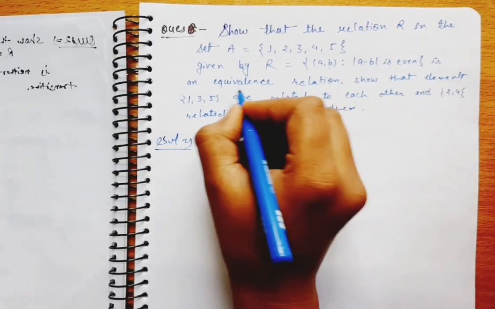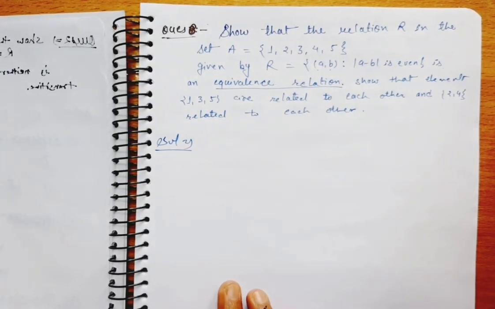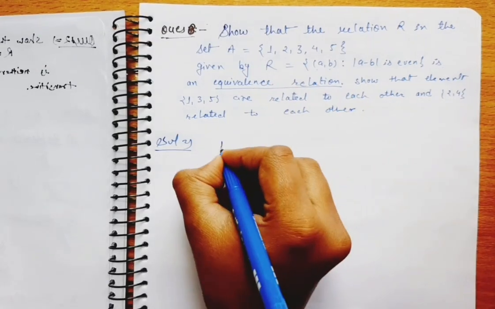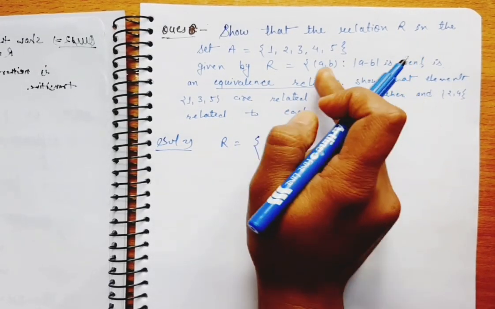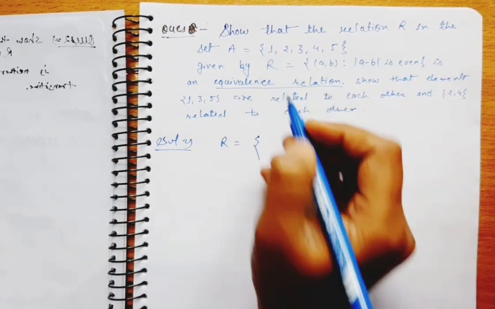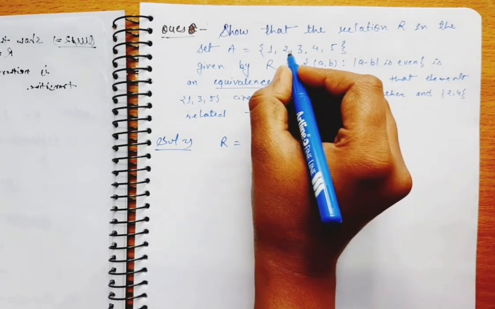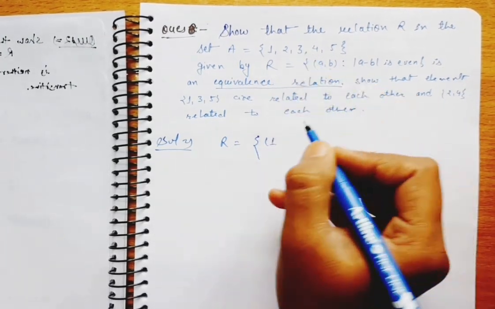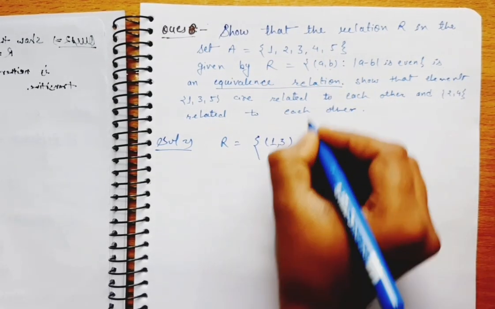Now first of all we will show that this is an equivalence relation, then we will check the second part of this question. Firstly we have to make the relation. According to this, we have to take A and B such that A minus B always comes out even. We can't take 1, 2, because 1 minus 2 is 1, which is not even. So we will take the example 1, 3.